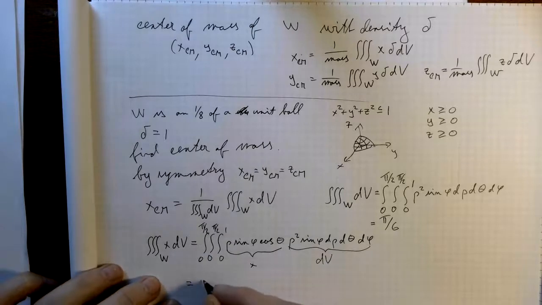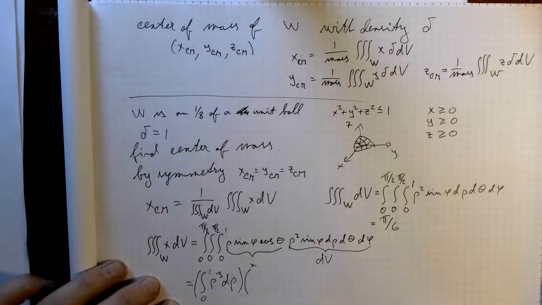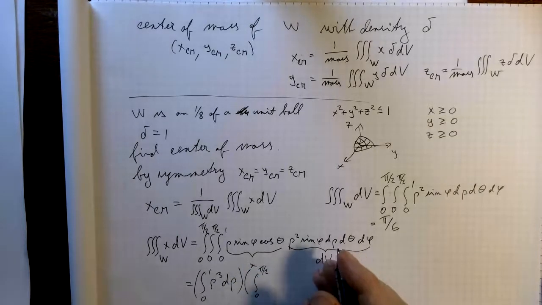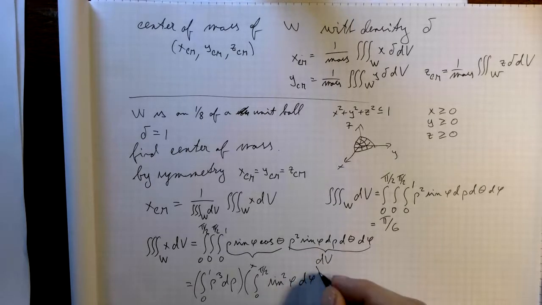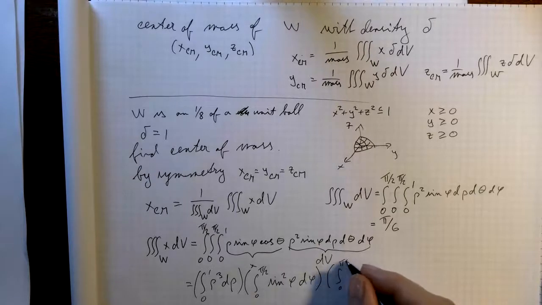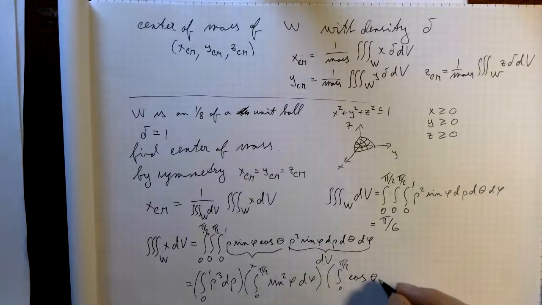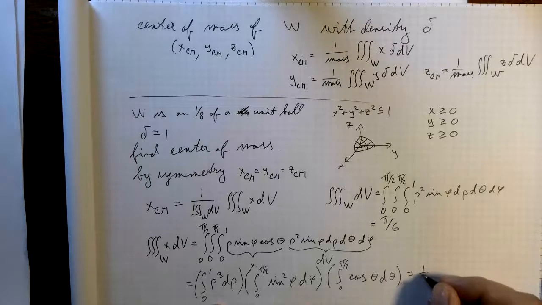I get the integral from 0 to 1 of rho cubed d rho, times, let's go to phi, the integral from 0 to pi over 2 of sine squared phi d phi, since I get one sine from here and one sine phi from here, times the integral from 0 to pi over 2 of, and the only thing that's left is the cosine. Now this is 1/4. That's an easy one.